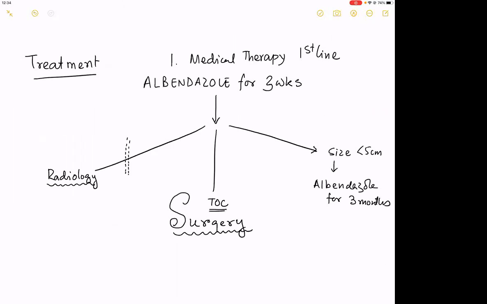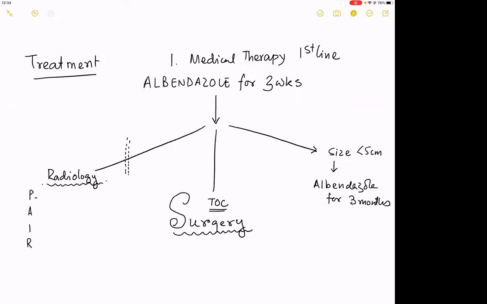I will again repeat. You are not going to say this in a viva exam. In a theory, you may write radiology. What is the treatment by radiology? Called PAIR. Or if you are getting an honors, let the examiner ask you, is there any other way other than surgery to treat a hydatid? Then you may say medical therapy or radiology.